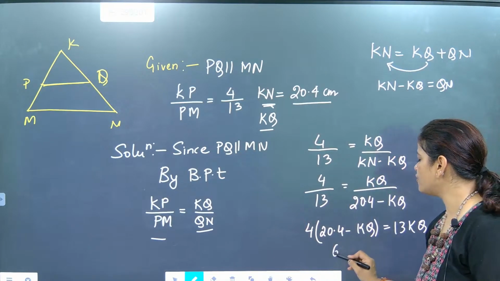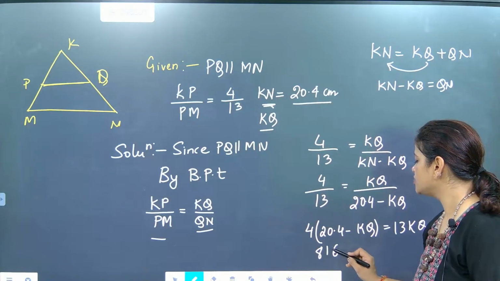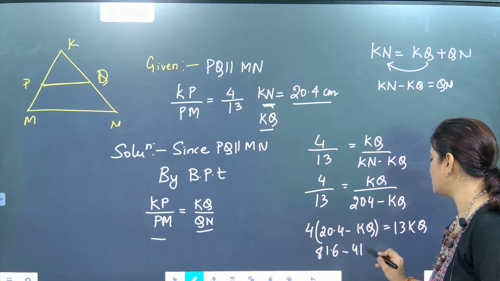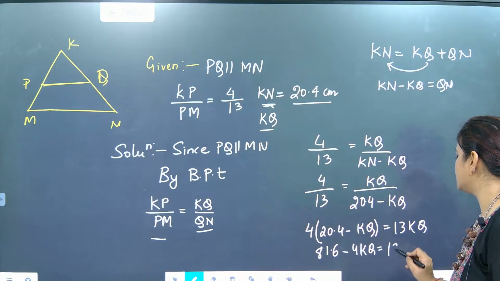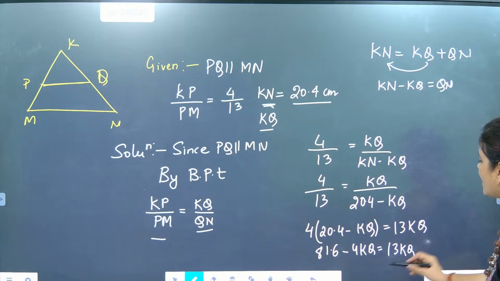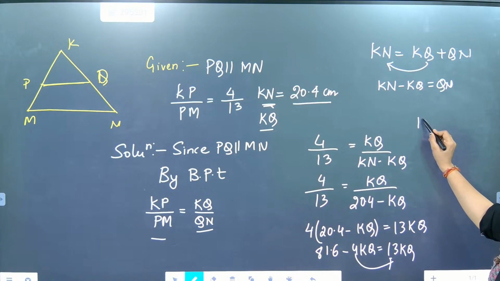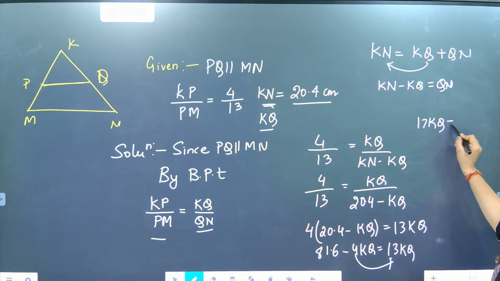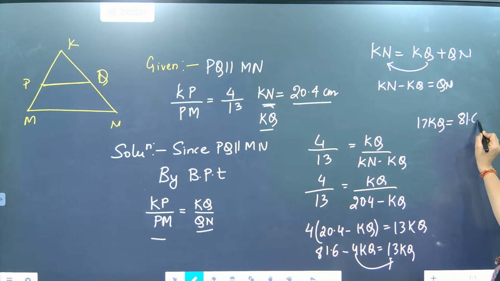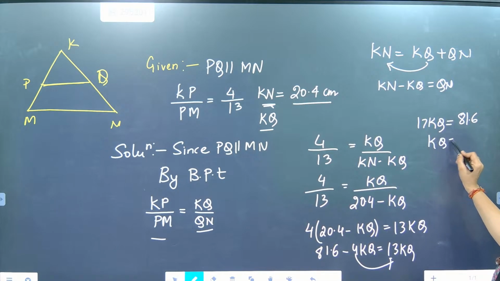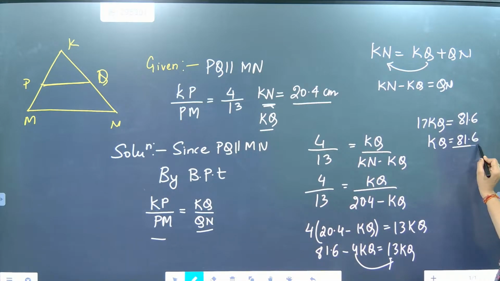So it is coming 81.6 minus 4 KQ is equal to 13 KQ. What is the final answer? This will shift this side. 4 plus 13 will become 17. So 17 KQ is equal to 81.6. So KQ is equal to 81.6 by 17. Understood?